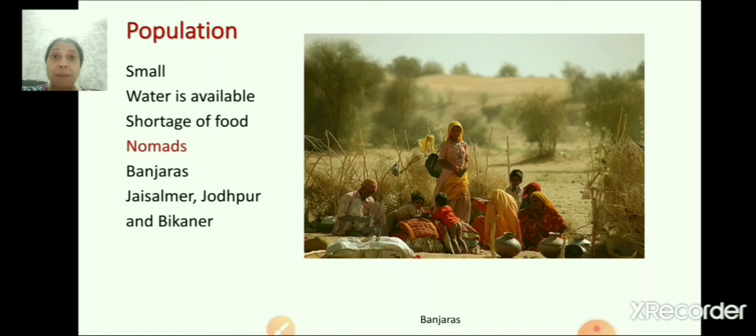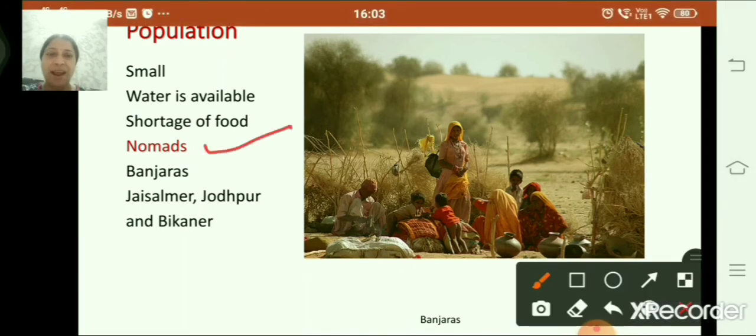There is also shortage of food. As a result of the shortage of food for themselves and their cattle, people keep moving from place to place. Such people are called nomads.